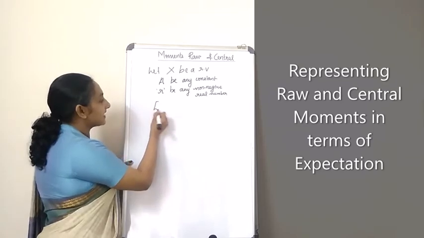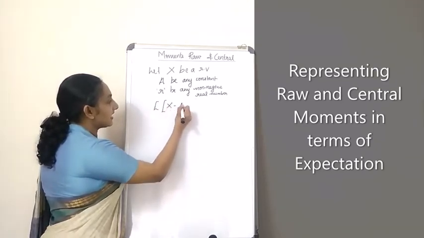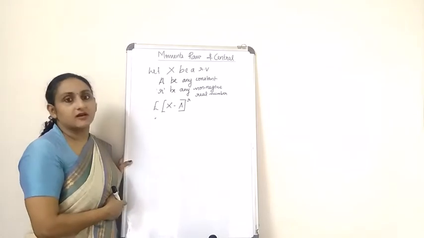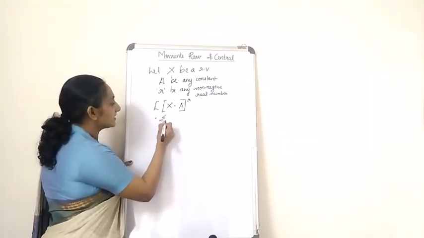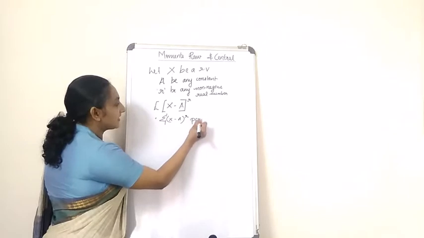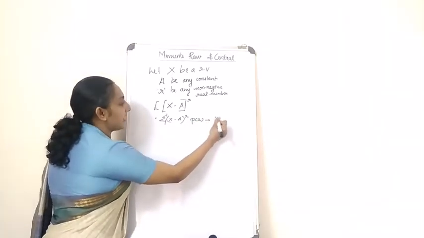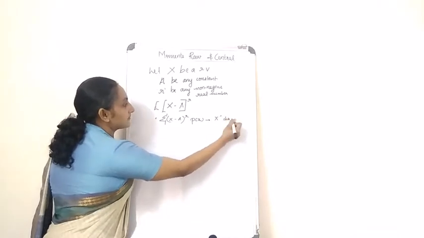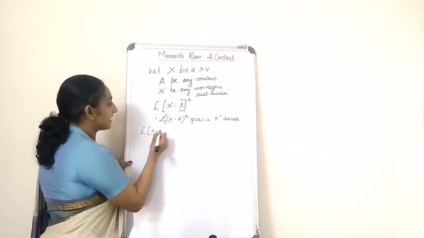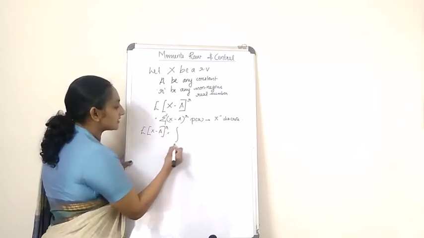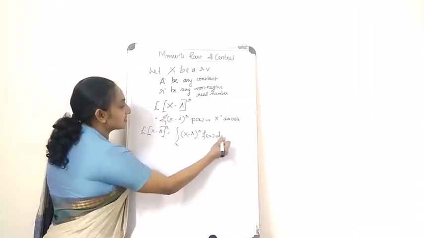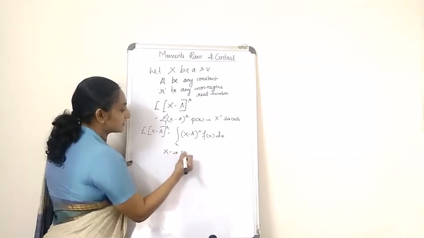The expectation of (x minus a) the whole raised to r is equal to, when x is a discrete random variable, the summation of (x minus a) the whole raised to r times p of x. Again, this can also be written as the integral of (x minus a) the whole raised to r times f of x dx. This is the case when x is continuous.